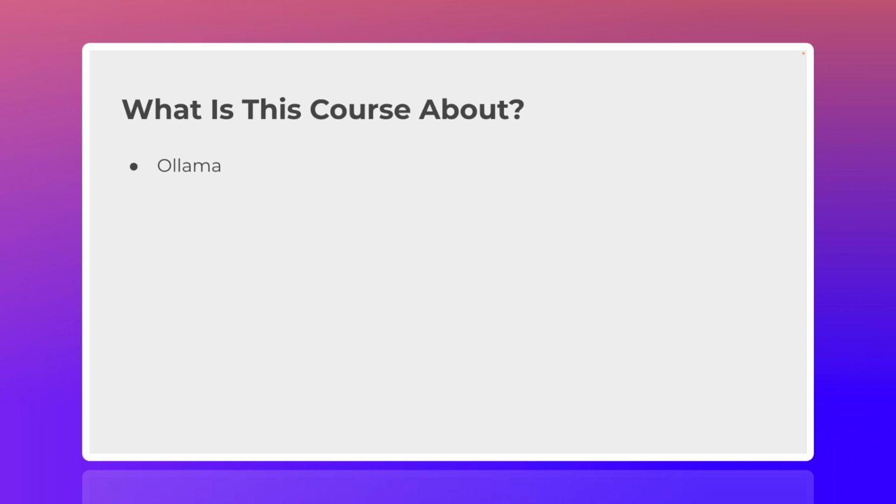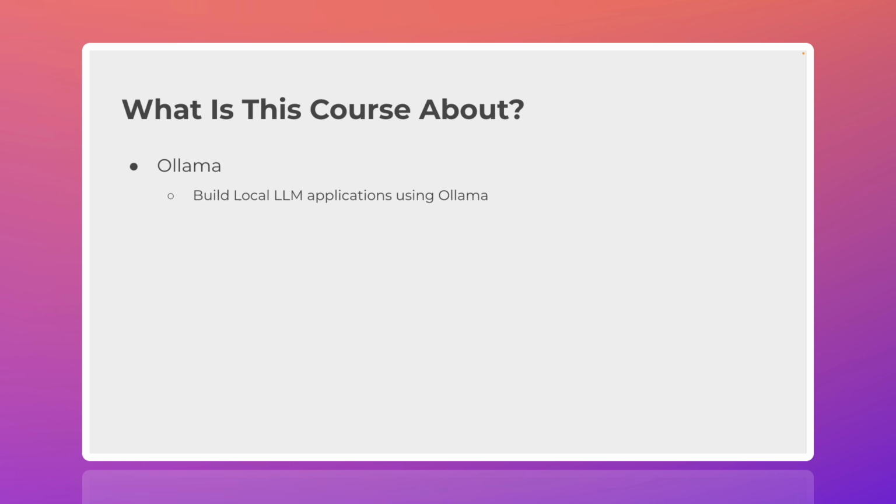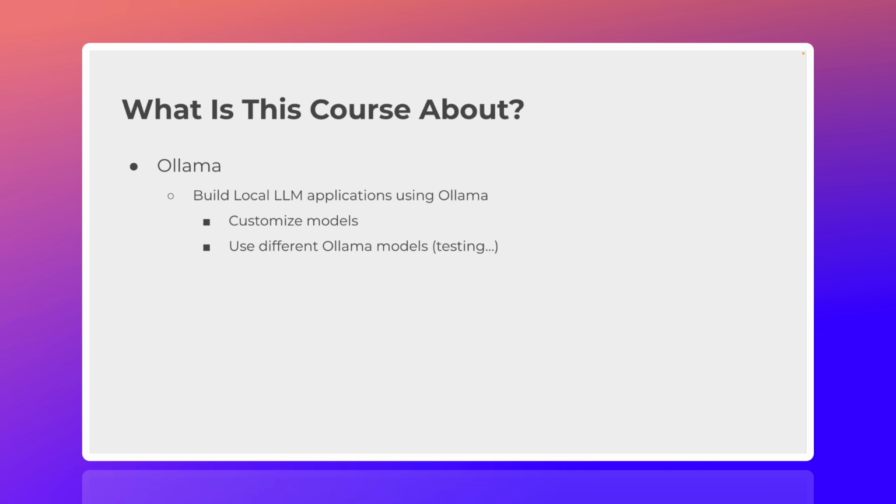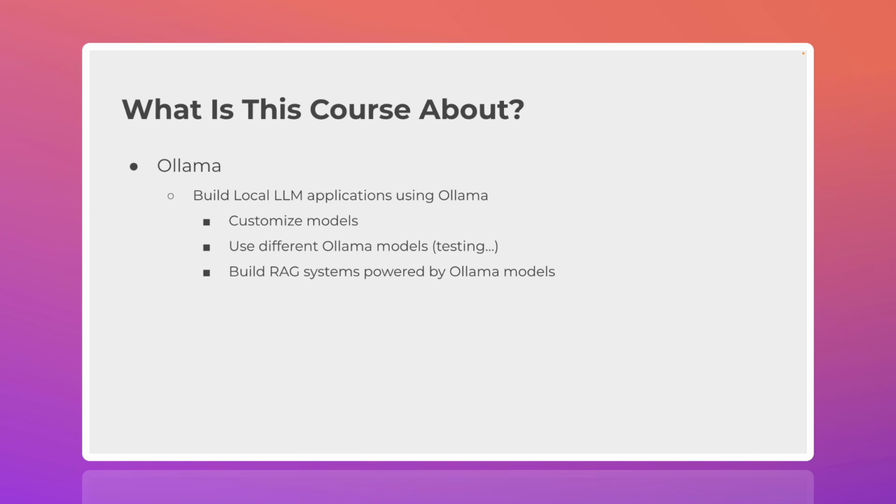This course is going to be about Ollama. That's the main thing. So we're going to learn how to build local large language model, LLM, applications using Ollama. The idea is that we're going to be able to use Ollama to customize our models, meaning that we are able to use different flavors of models so we can test them around. And all of that is actually going to be free, which is very exciting. We're also going to build RAG systems, Retrieval Augmented Generation systems that are powered solely by Ollama models. Keep in mind, all of this is going to be for free.